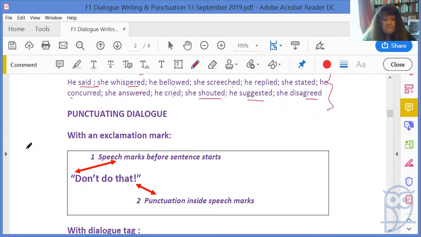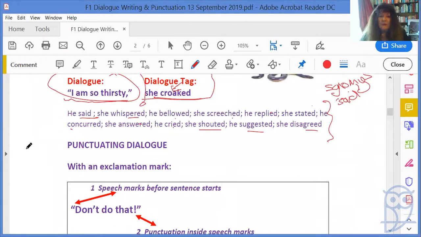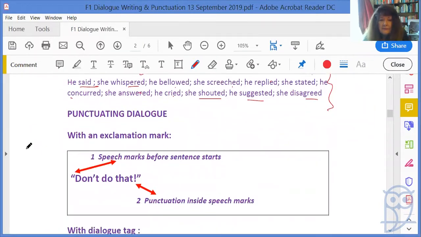Punctuating dialogue. If you want to punctuate with an exclamation mark, look at this box. Don't do that. The speech marks go before the sentence starts, with a capital letter, and in this case, we've got some punctuation.